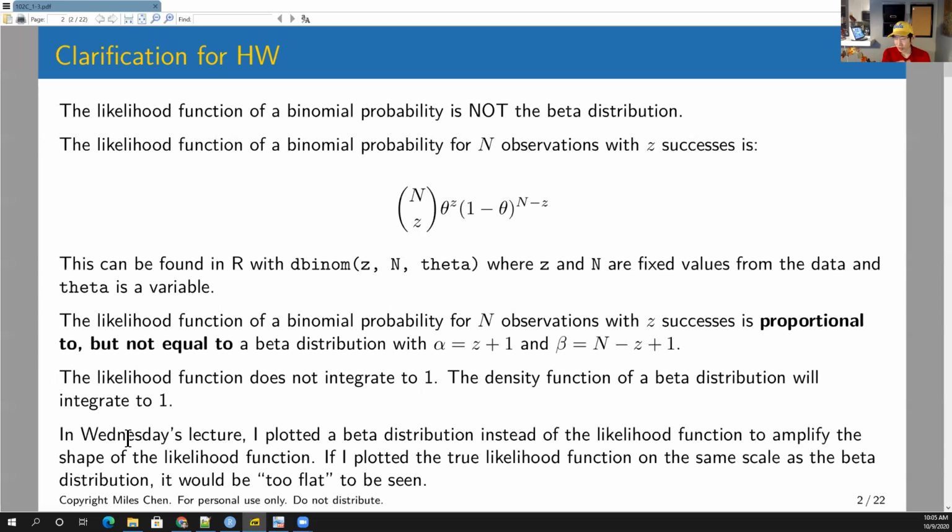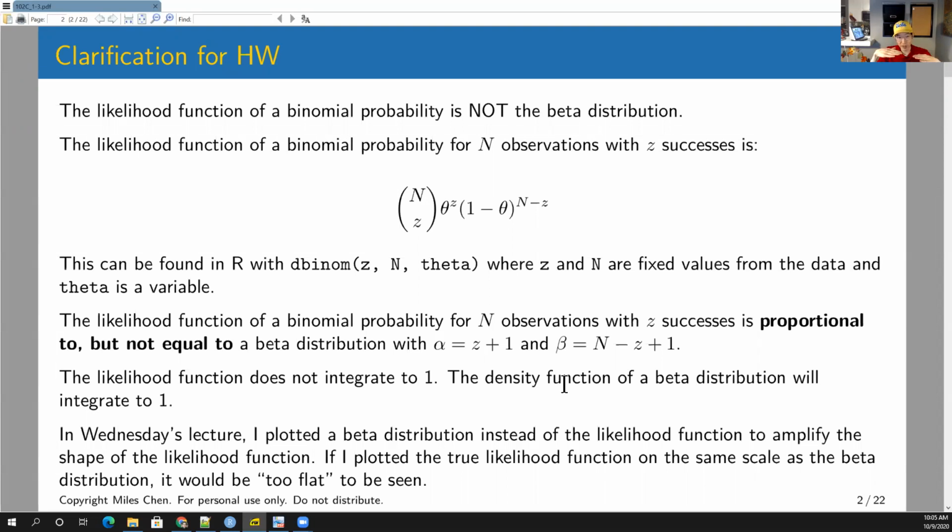When I plotted the likelihood function, I did use a beta distribution. I kind of cheated there, because it is proportional to the likelihood function, and it amplifies the shape of the likelihood function. If I plotted the true likelihood function, the density would have a peak up here, and the likelihood function, which is proportional, would get squashed down.